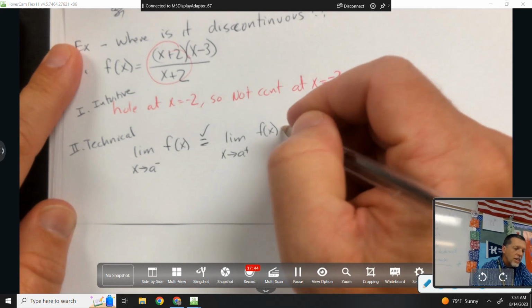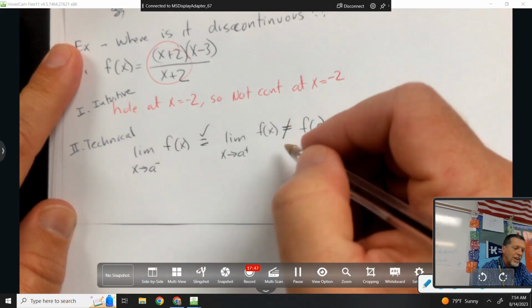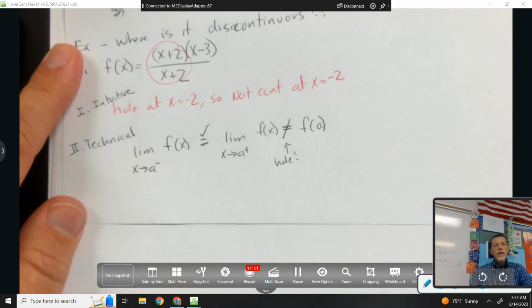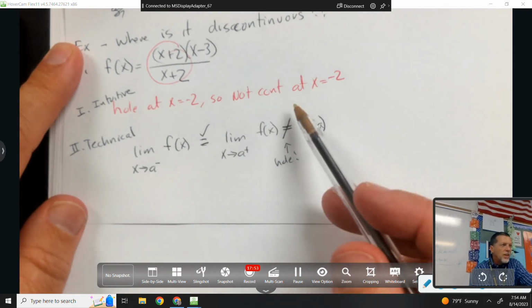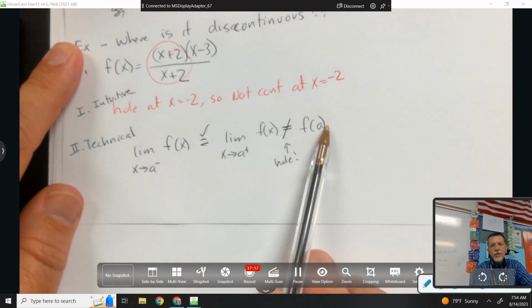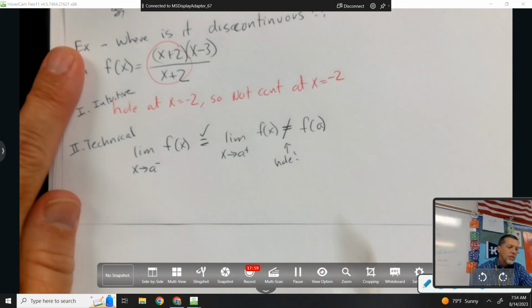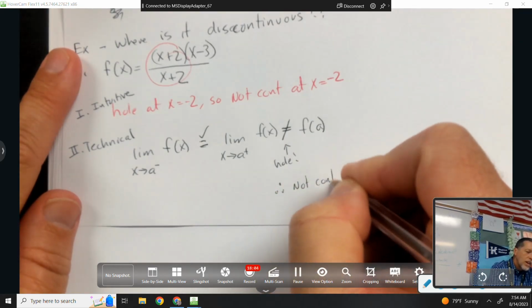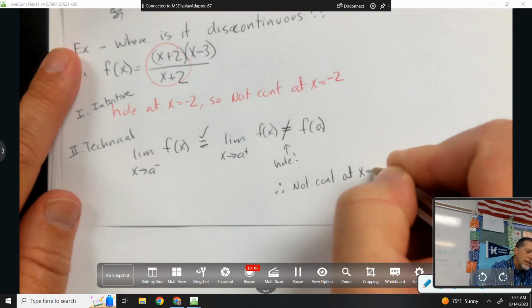No. So you could put not equal there because there's a hole. And so it's the same reason, it's just using the technical definition. There's a hole there, so the function isn't defined there, so therefore this is not continuous at x equals negative 2.